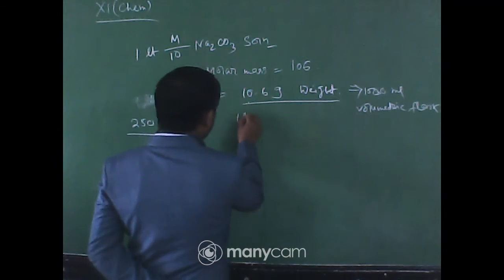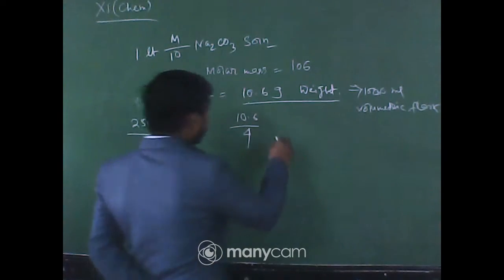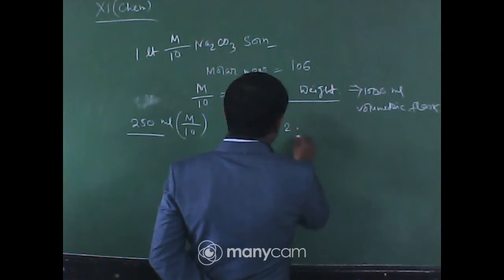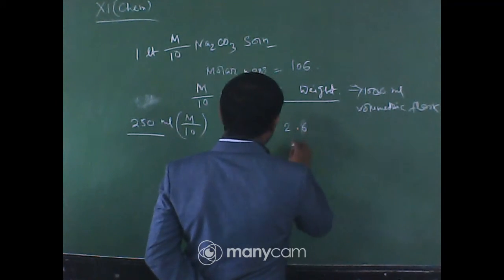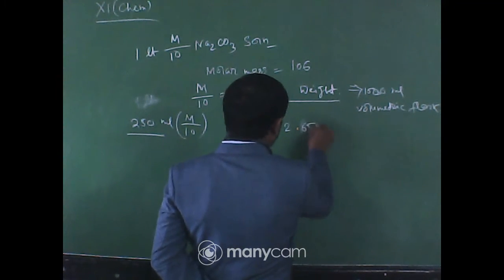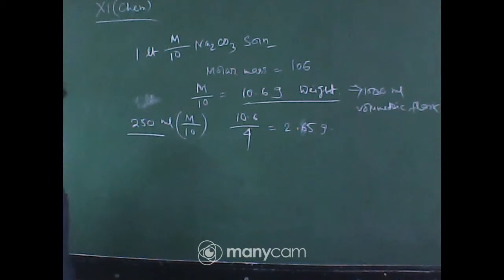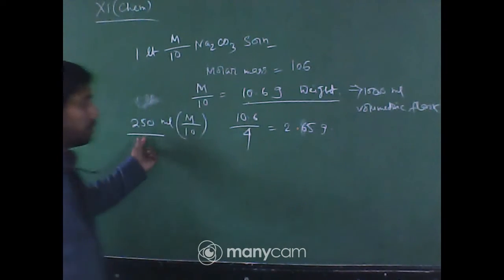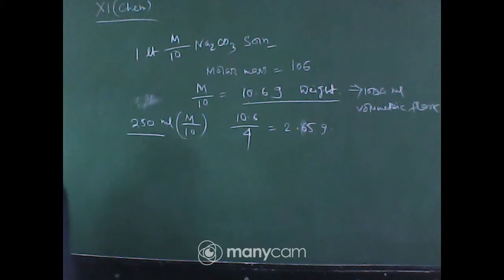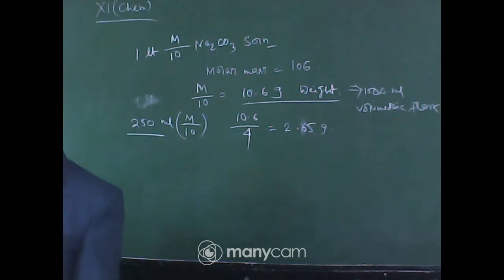This is for 1000 ml, so 10.6 divided by 4 equals 2.65 gram. So 2.65 gram should be weighed, taken in a 250 ml volumetric flask, and then the volume made up to prepare the M/10 standard solution of sodium carbonate.